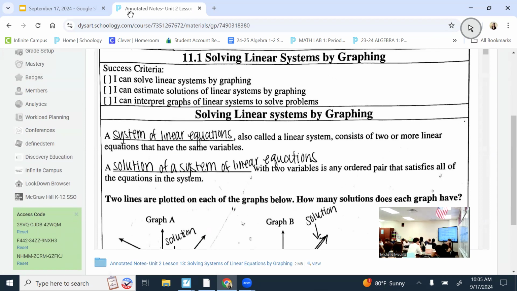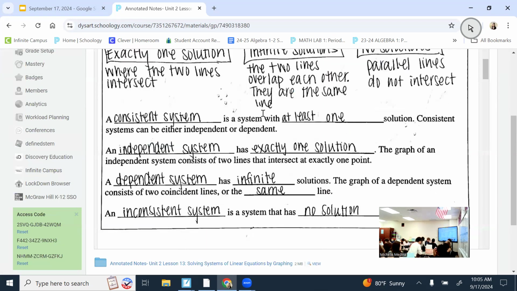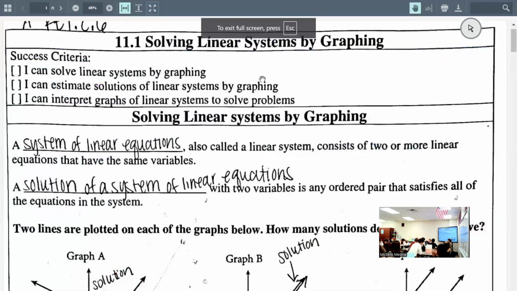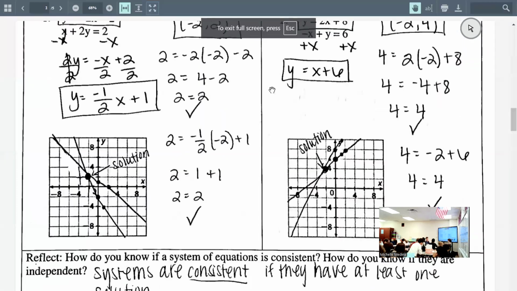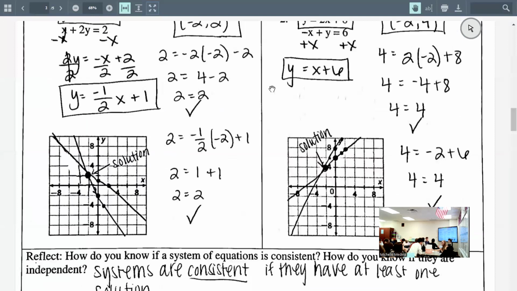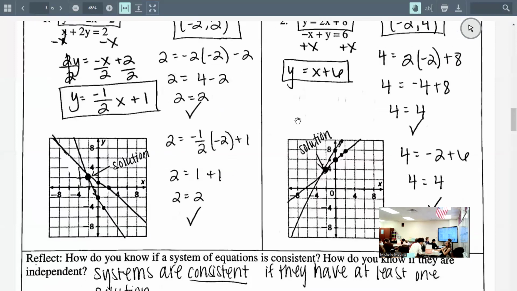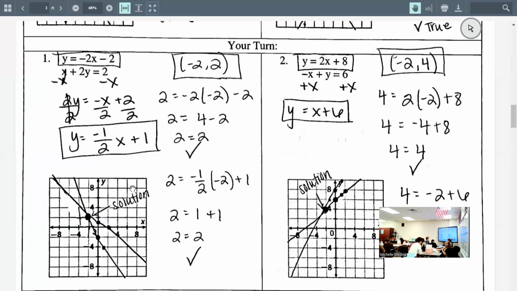So, let me full screen. These 2 are the ones I asked you to do. Your coordinate plane is a little bit different, but if you did it right, your solution should be at -2, 2.